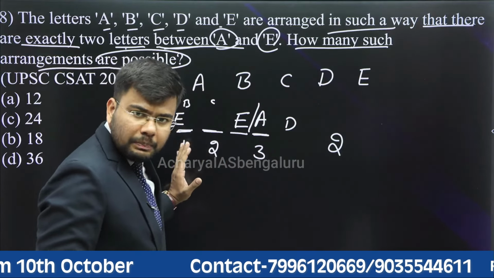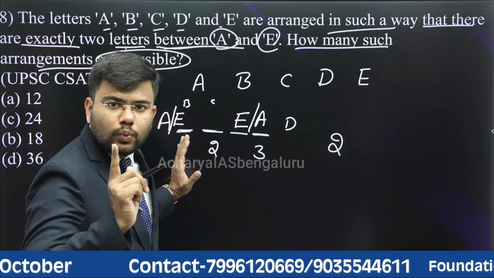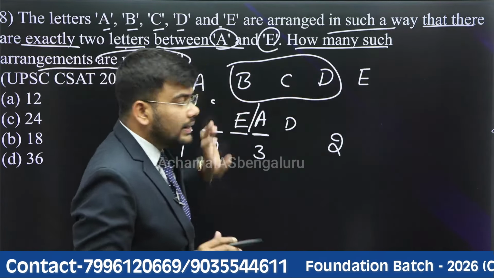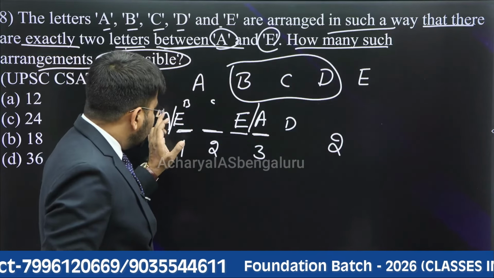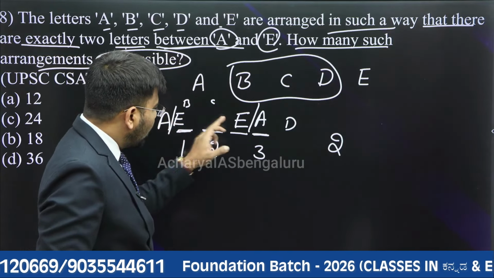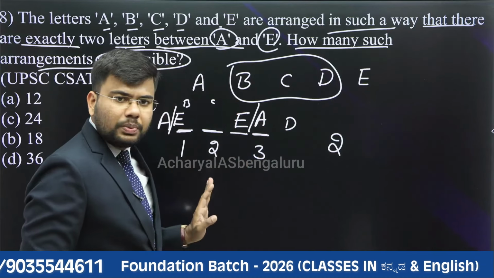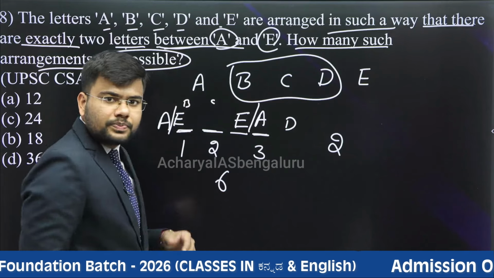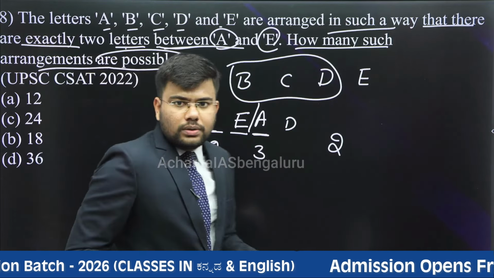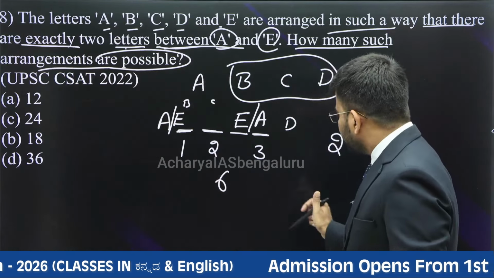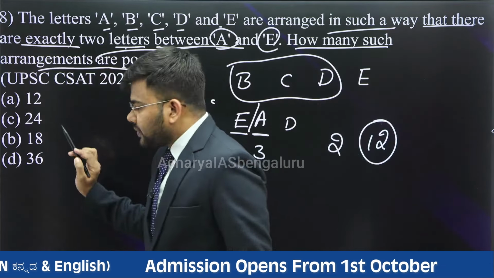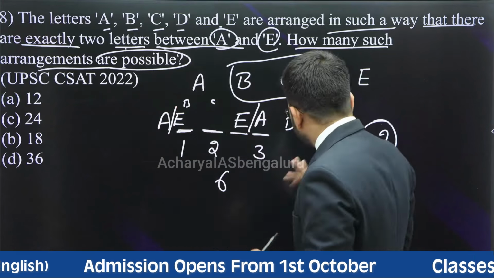If I put another, I will be left with 1 letter, that is B, C, D. Putting A, E or E, A in these 2 places, I can make 2. Here I can make 6. So these are the 6 things. Here 2. That is 12 ways I can arrange this. Before that, one more condition, that is 12 is done.